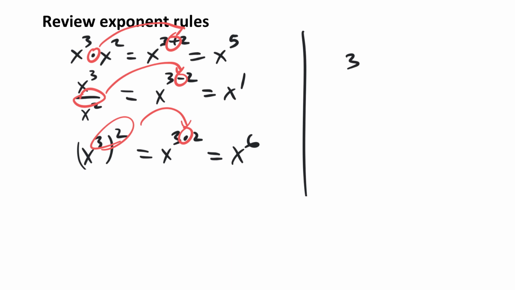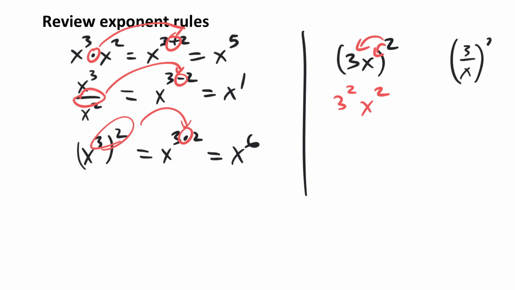If you have 3x to the power of 2, that 2 has to hop on to both the 3 and the x to be 3 squared and x squared. And it also works in the division case. If you have 3 over x to the power of 2, that 2 has to hop on the 3 and the x to give you 3 to the 2 over x to the 2. All of these exponent rules are really important to keep in mind as we're simplifying to find the final term.